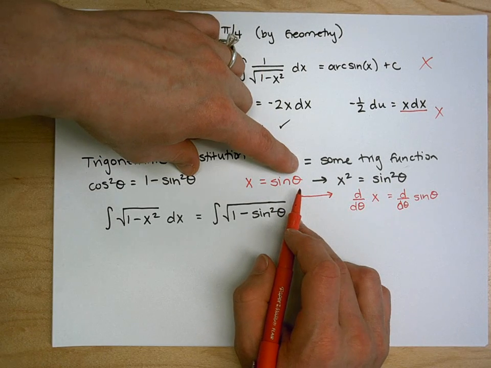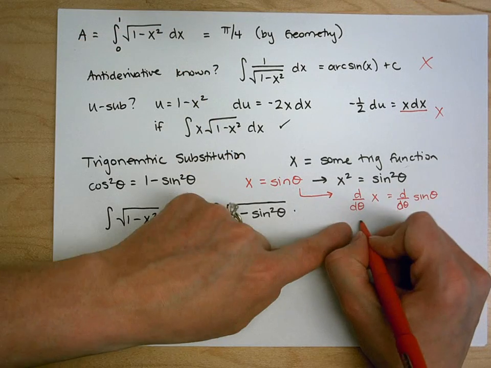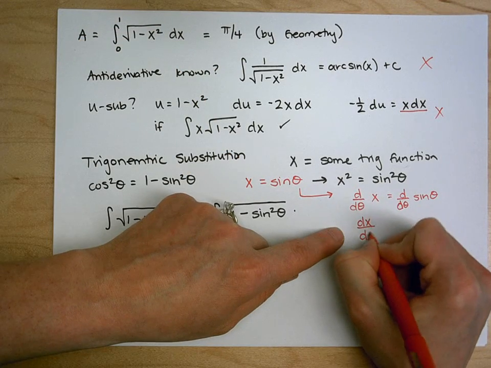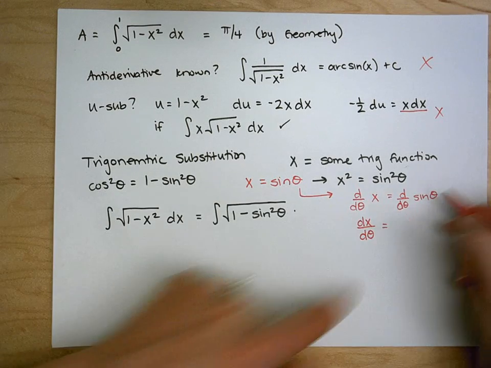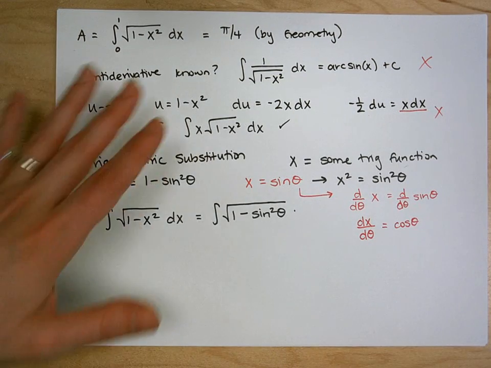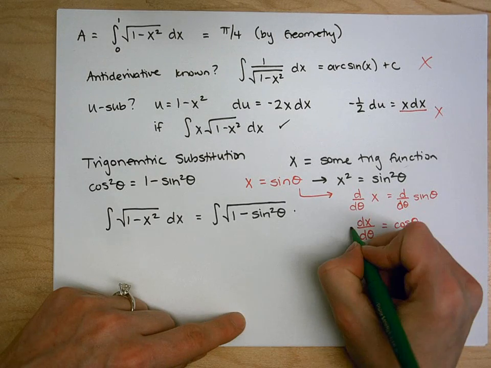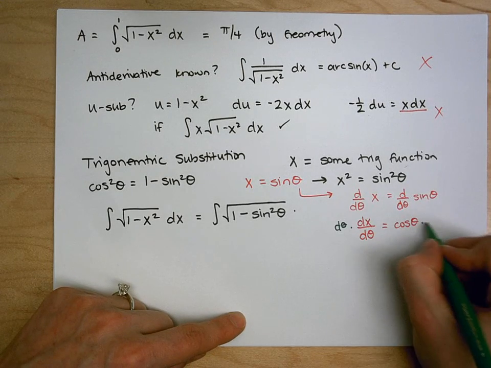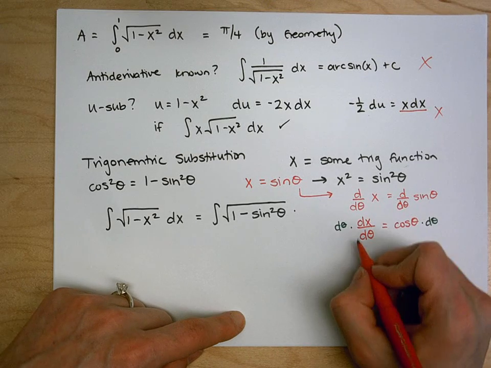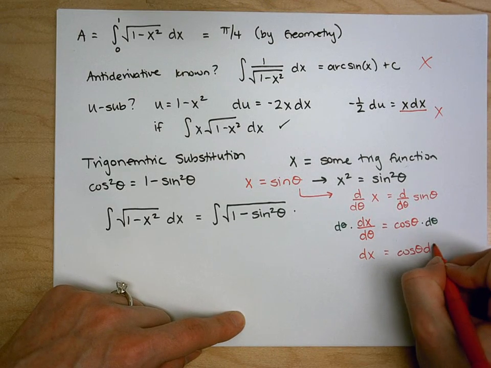So it's like theta is my input and x is my output. So over here I get dx d theta, and over here I get the derivative of sine, which is cosine. And again, similar to u sub, I can think about multiplying both sides by d theta, so I can solve for dx. So I get dx equals cosine theta d theta.